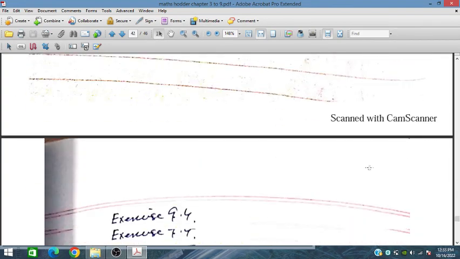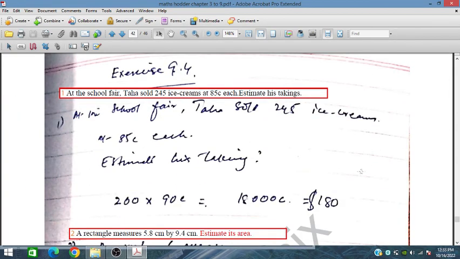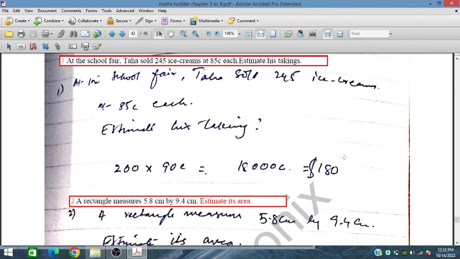The second one: at a school fair, Taha sold 245 ice creams at 85 cents each. To make it an approximation, this is 200 and this is 0.90. So it's an easy calculation, and we can estimate it. This estimation could be wrong, but it gives ballpark numbers.